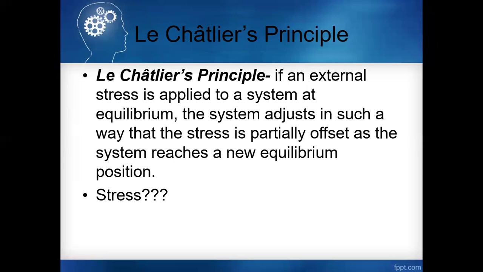Le Chatelier realized something. This great person realized that if you disturb a chemical reaction that is at equilibrium, that reaction itself will find a way to counteract the change that you have introduced. And because of that change or factor that you have introduced, a new equilibrium will be established.